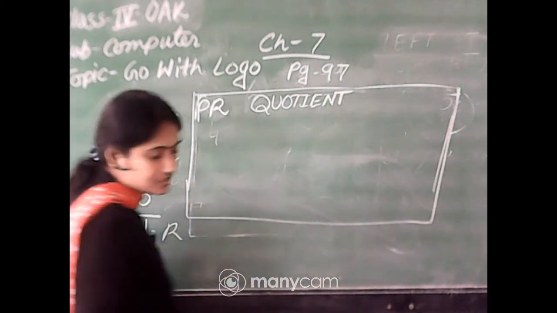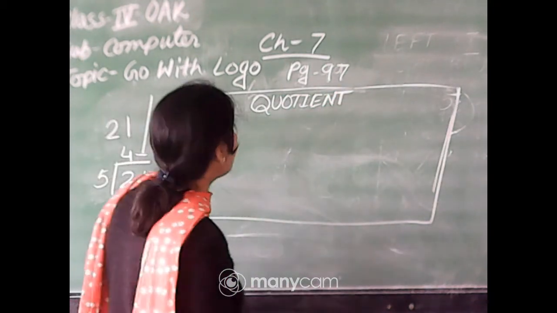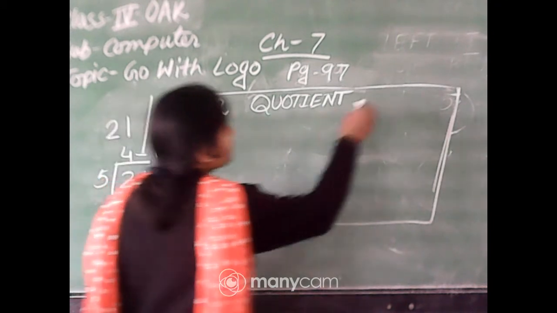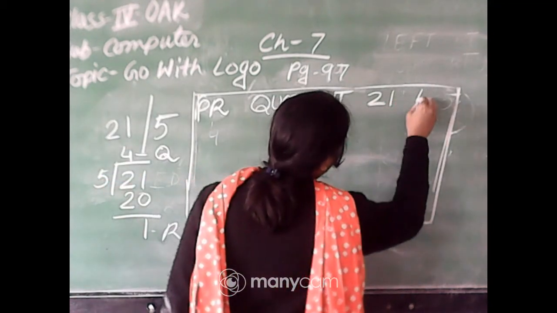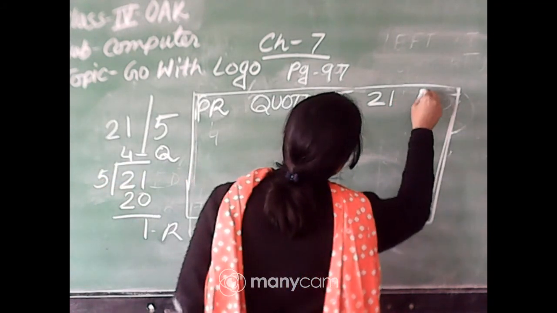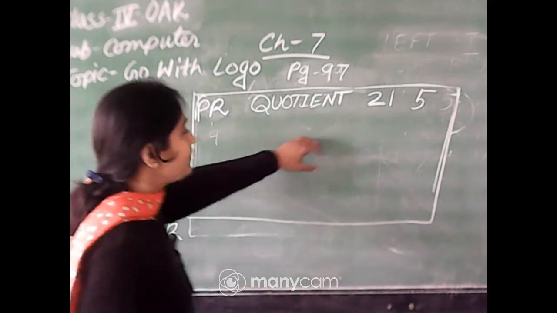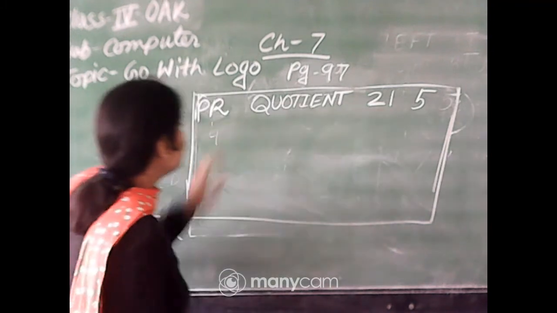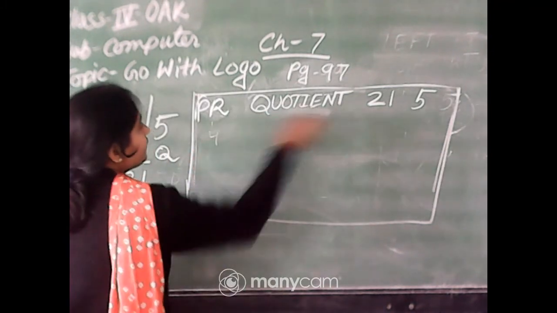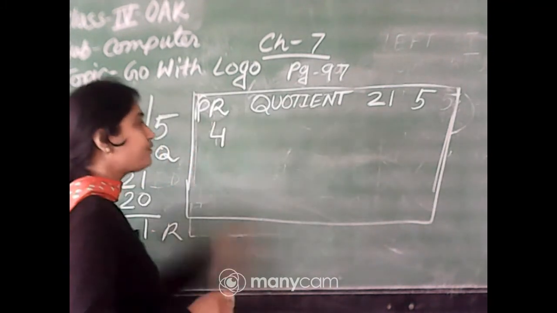Print quotient 21 and 5, so 21 space 5. You can see the output here, 5 4 ja 20, so the answer is 4.